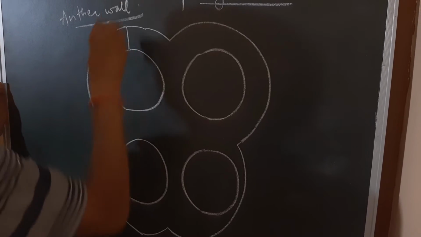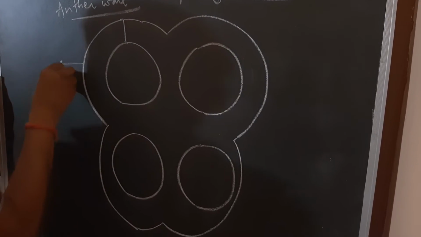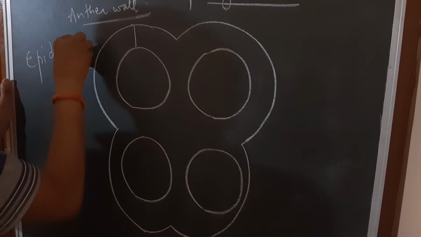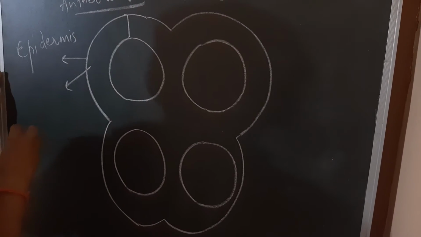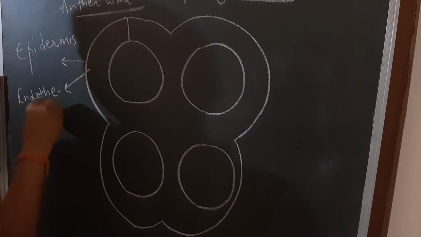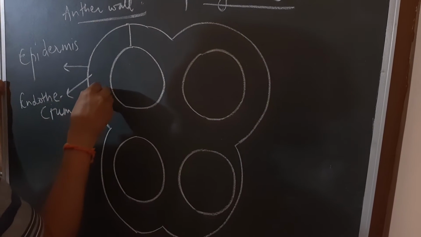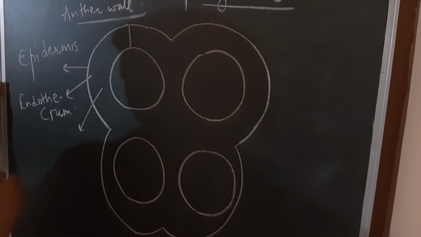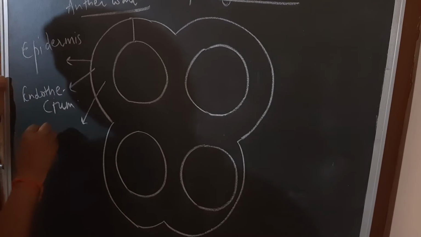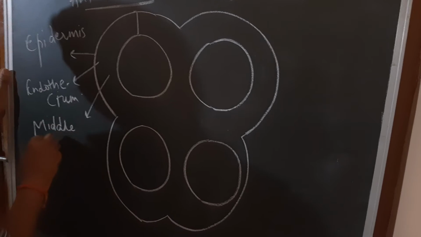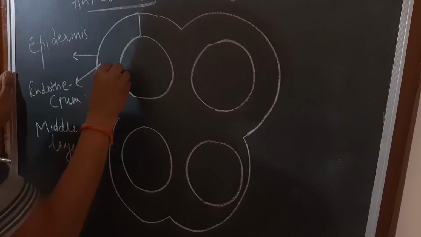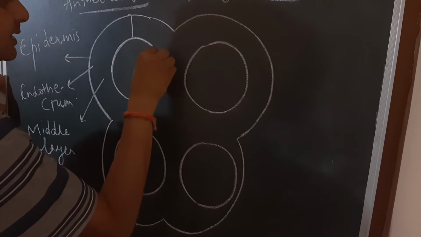And the sequence of the anther wall from outside to inside is the outermost single layer epidermis, followed by one more layer of radially arranged endothecium, and then loosely arranged 3 to 4 layered middle layer, which is made up of loose parenchyma cells.